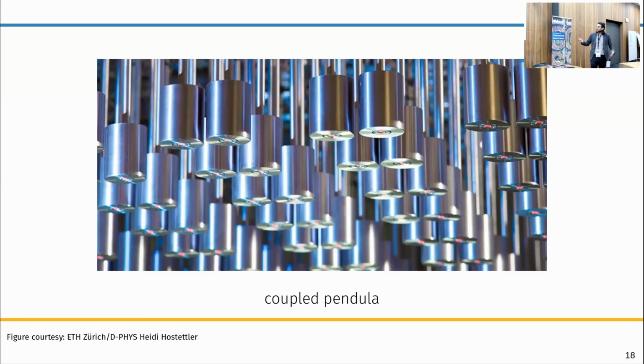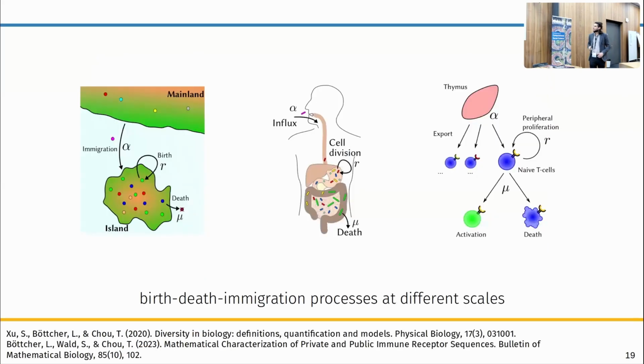So for these systems, it might be possible to write down the evolution equations, but for other systems, it might be very hard to do that. And that's, for example, the case for high-dimensional so-called birth-death immigration processes. So these are processes where at the population level, you have animal species competing for food sources, migrating to different parts in a given area.